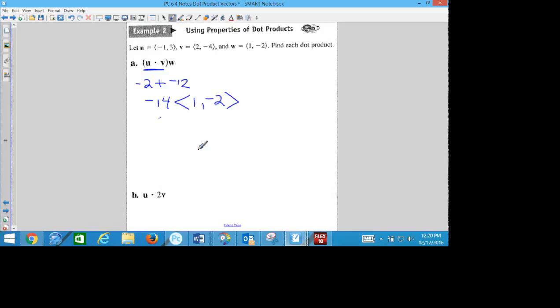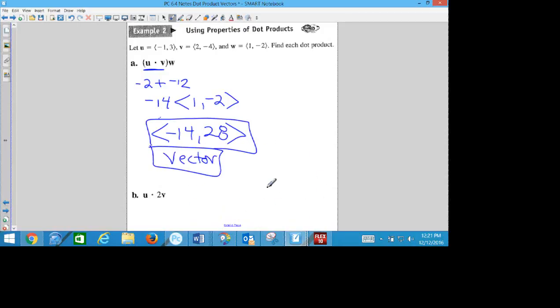You're just going to distribute that negative 14, and we're going to get negative 14, positive 28. So this actually gave us a vector answer, because we took a scalar and multiplied it by a vector.